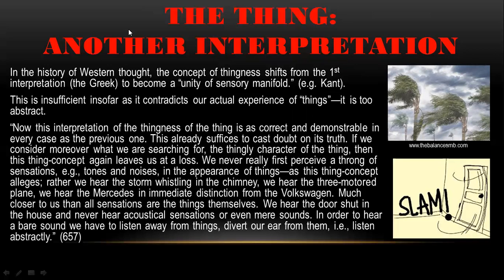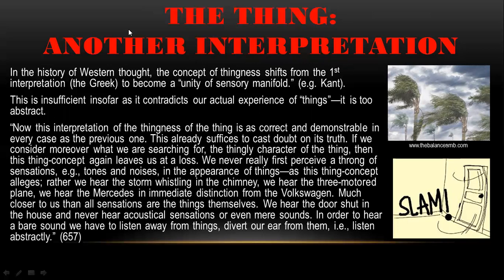So there's this concept of thingness. It shifts from the first interpretation, the sort of Platonic Greek interpretation, to become a unity of sensory manifold, right? Like for example, in the philosophy of Immanuel Kant. And again, he thinks that this is also insufficient because it contradicts our actual experience of things. Ultimately, his gripe seems to be it's too abstract.